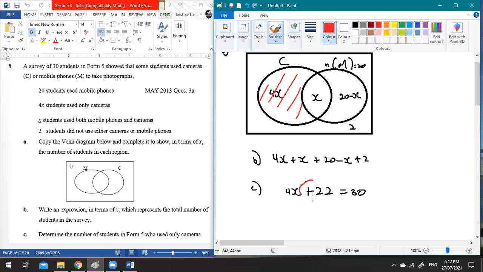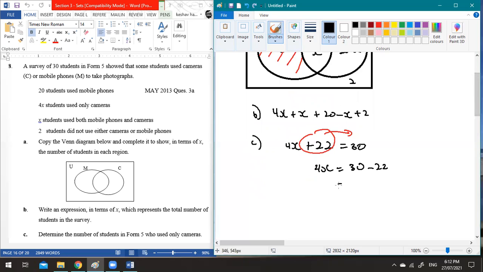So again, we want to find x, so we'll solve by removing the 22. So 4x will be 30 minus 22. And 4x will be 8, equal to 8 divided by 4 to get the value of x. And you will get 2. So 2 students.